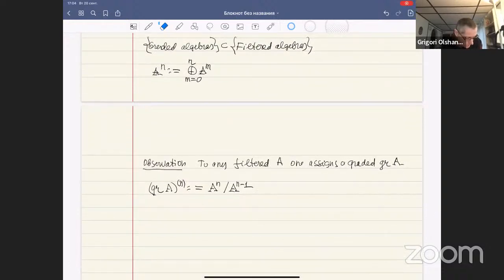And now some examples. Take D_n as a filtered algebra.